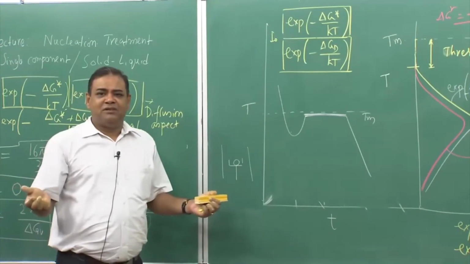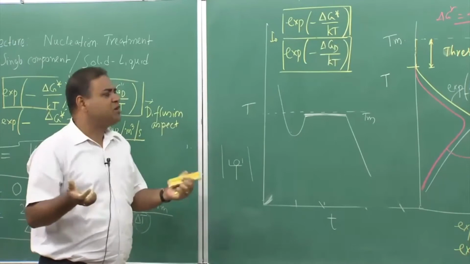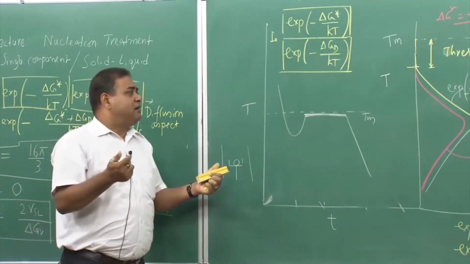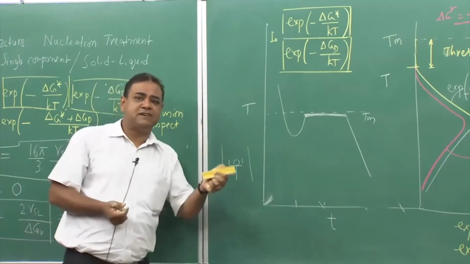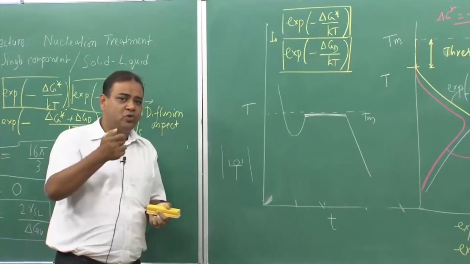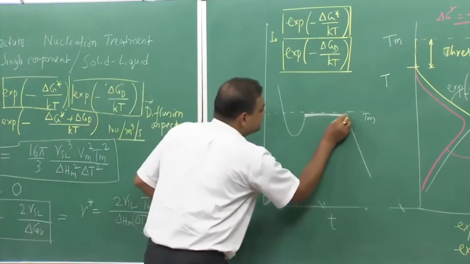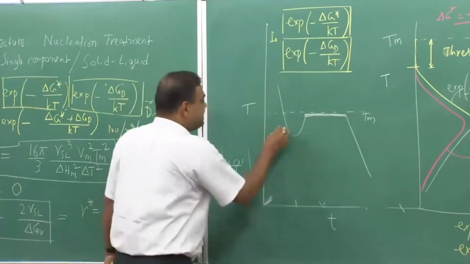So we cannot say whether the transformation would take place or not. This phase transformation cannot be experienced at the equilibrium point. We have to go a little away from the equilibrium point. So this has to occur a little below the Tm.